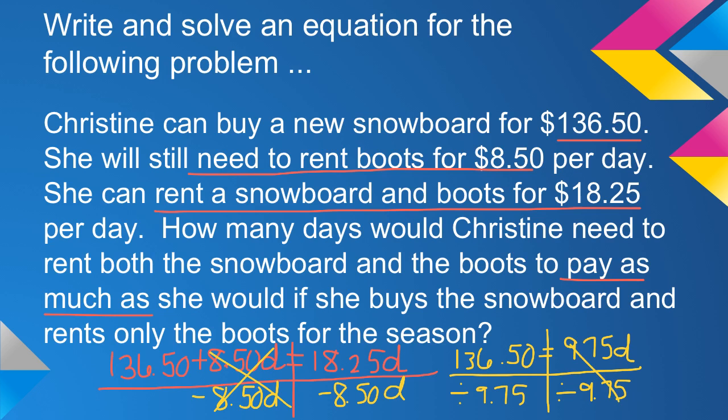When I do that, I have D isolated, and $136.50 divided by 9.75 would give me 14. So in 14 days, it won't matter which option she uses. She will pay the same amount of money.